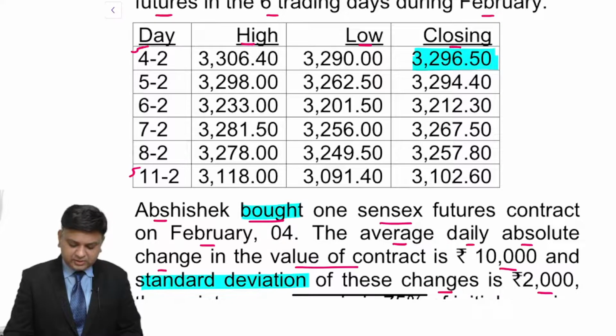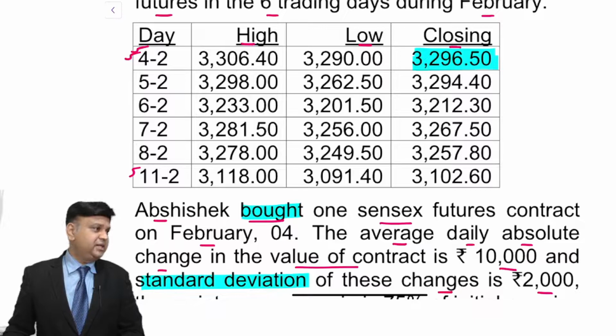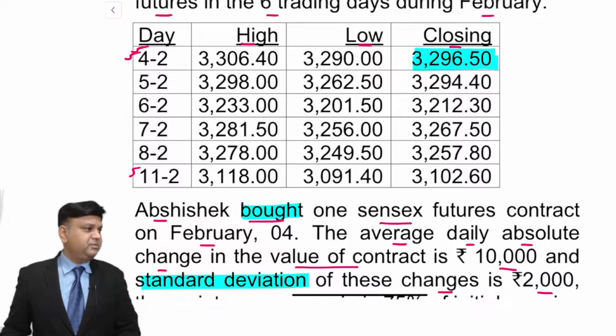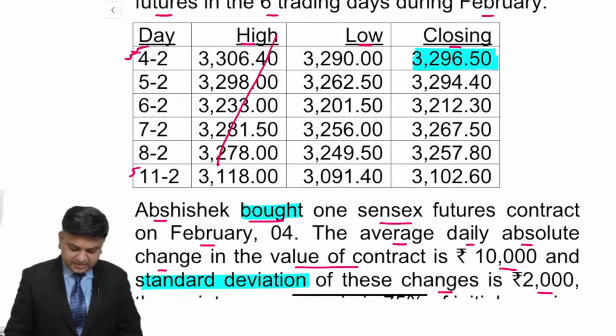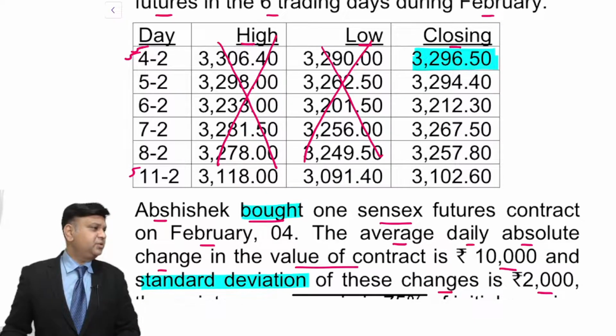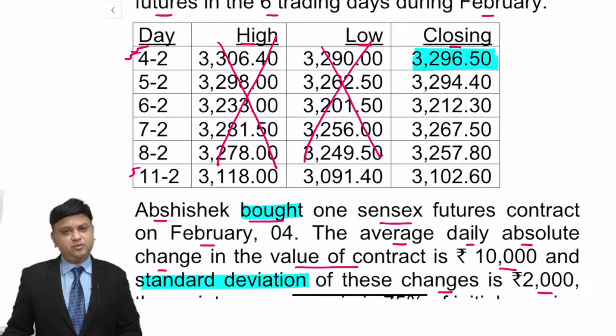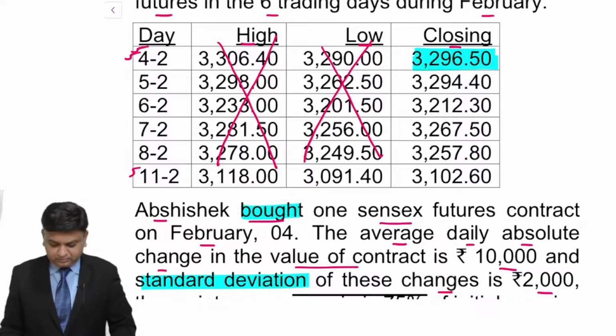So of course you are required to make the payment of only initial margin on 4th of February, nothing else. Then on daily basis we are required to make a comparison between the closing prices. The information about the high price and the low price has been provided just to confuse us. It is of no use to us. So we have to focus on the closing price.